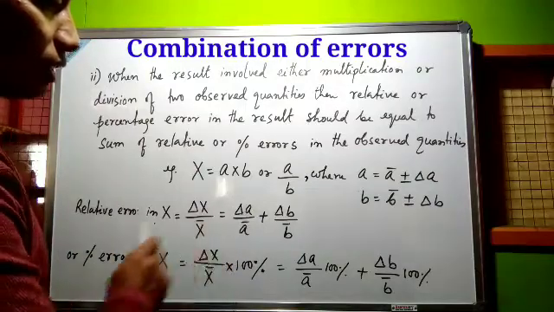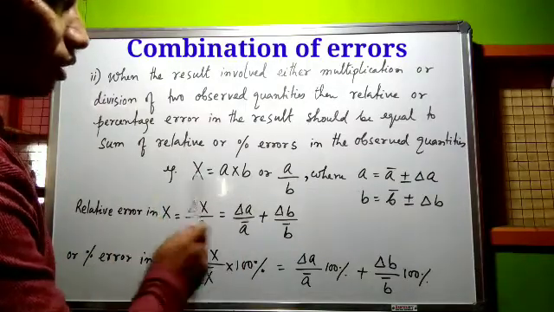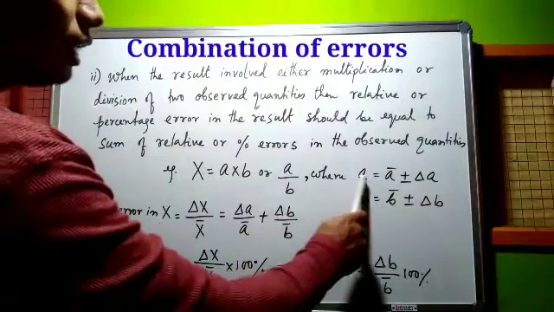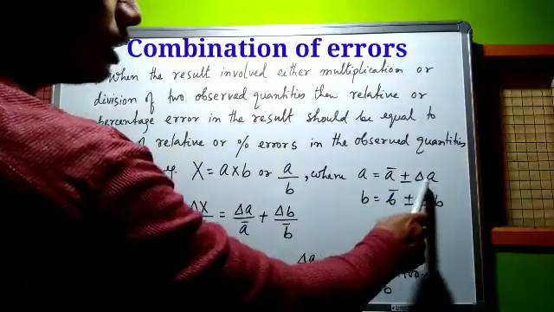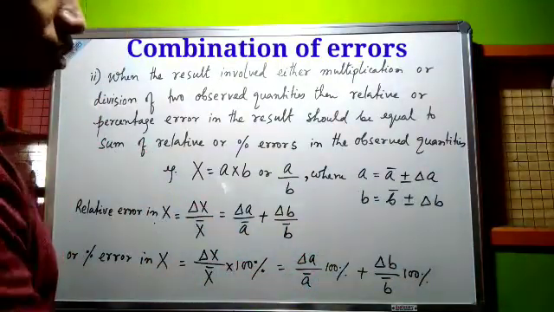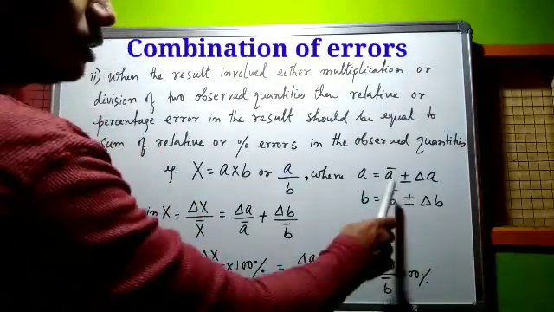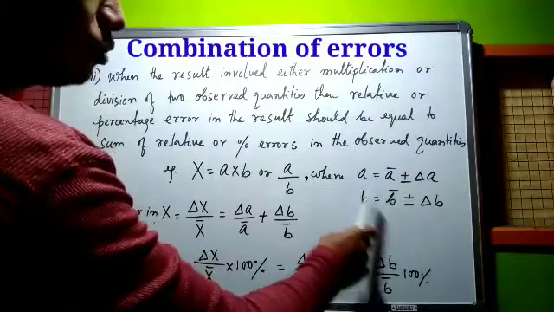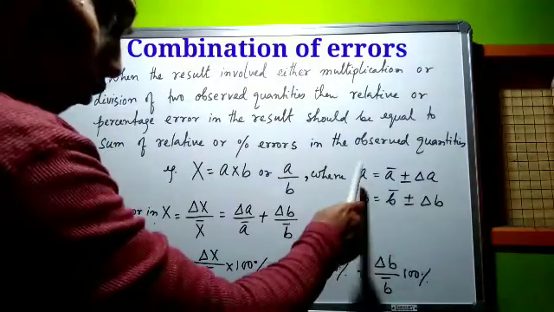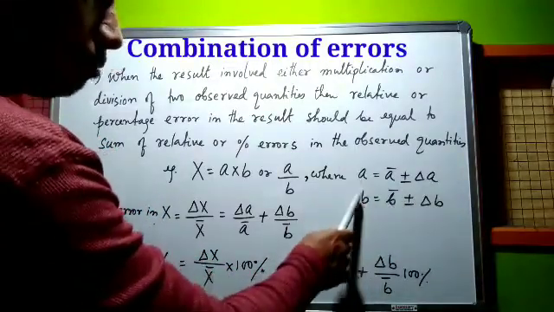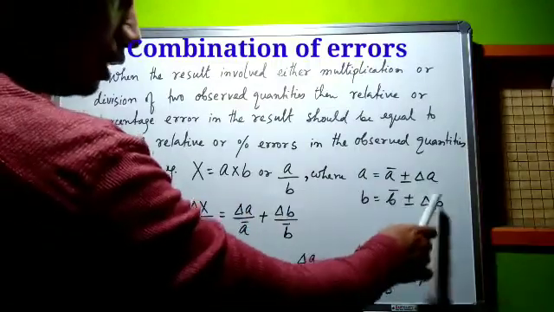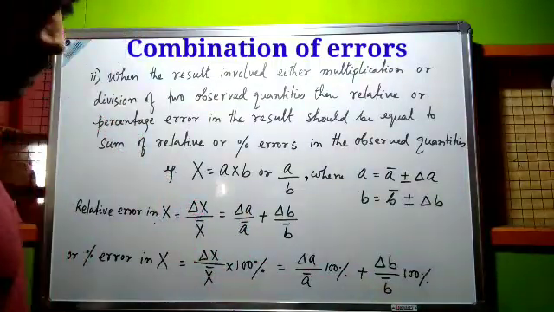Similarly, delta a is the absolute error in a. See, in this case generally a equals a bar plus or minus delta a, and b equals b bar plus or minus delta b. Here a bar and b bar are the true values of the two observed quantities a and b, and delta a and delta b are the absolute errors in a and b.